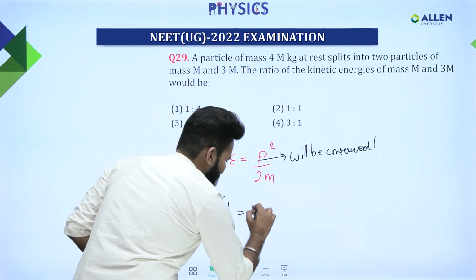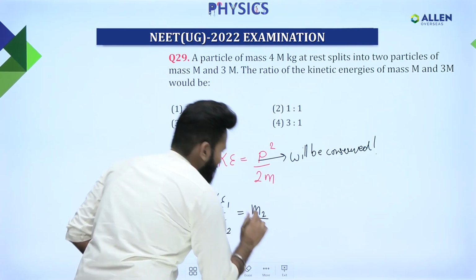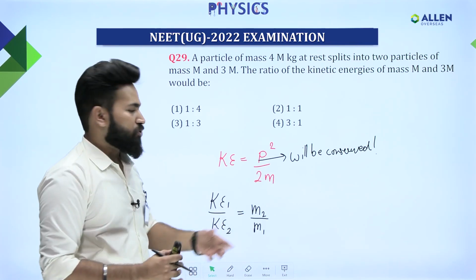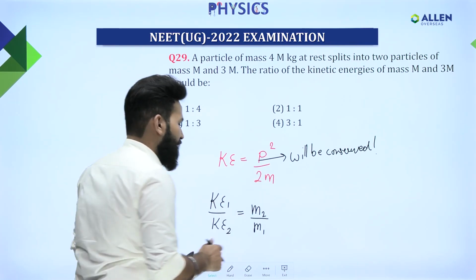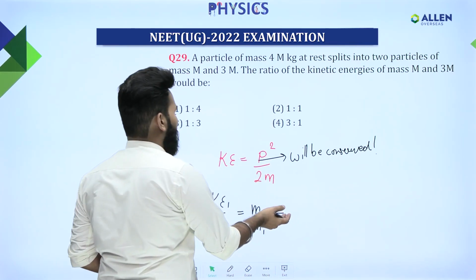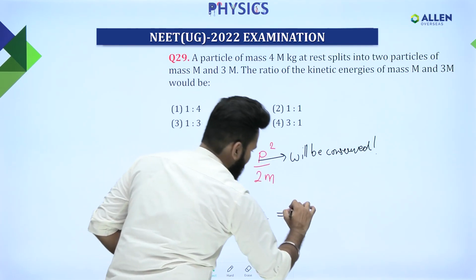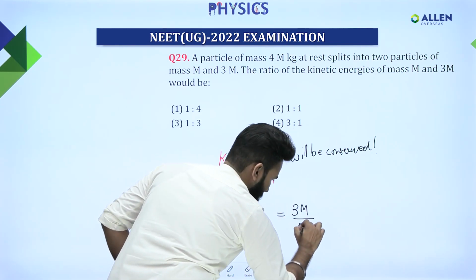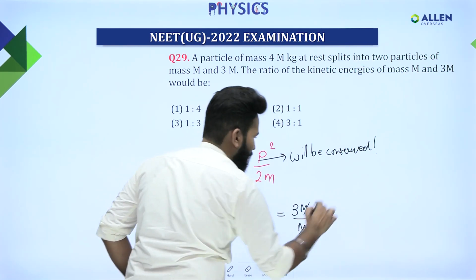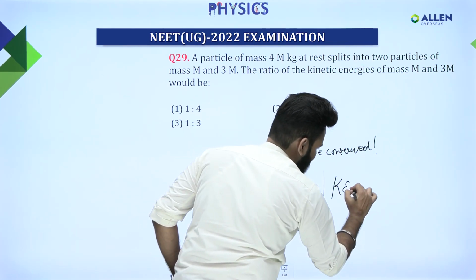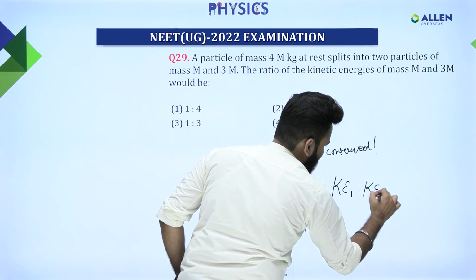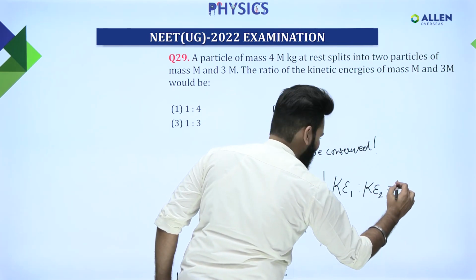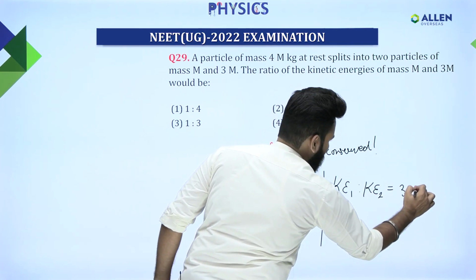So this will be nothing but m2 by m1, since kinetic energy is inversely proportional to mass according to this relation. m2 is 3m and m1 is m. So this m will just get cancelled out, and the ratio of kinetic energies KE1 to KE2 will be nothing but 3:1.